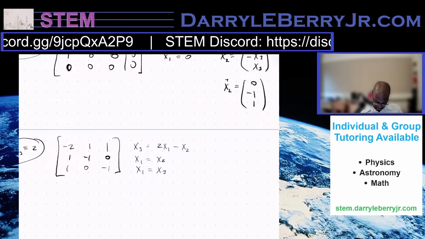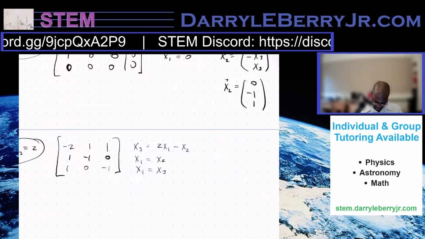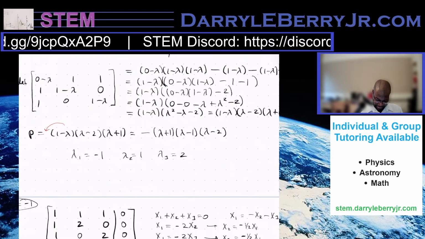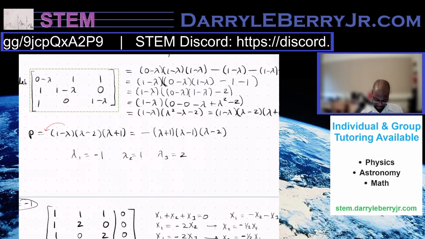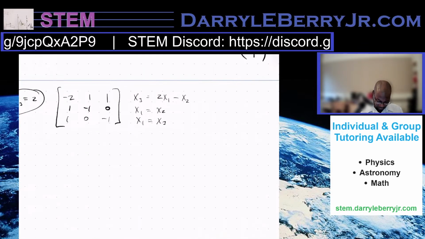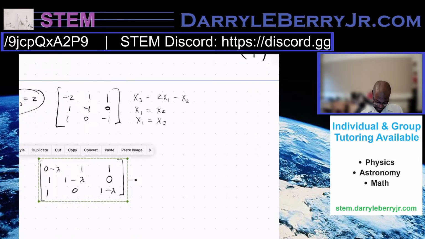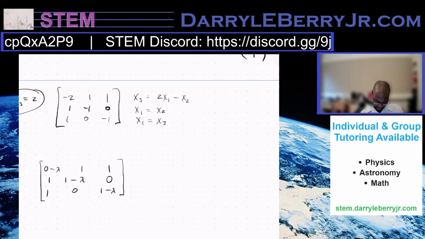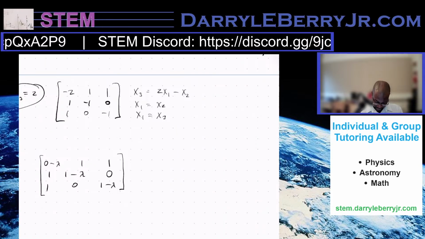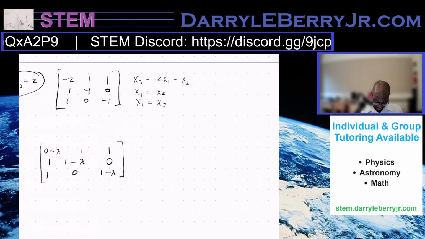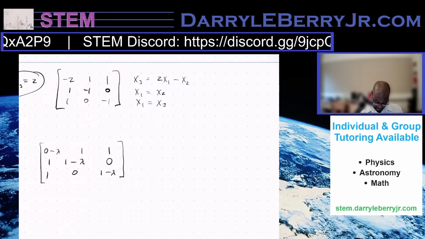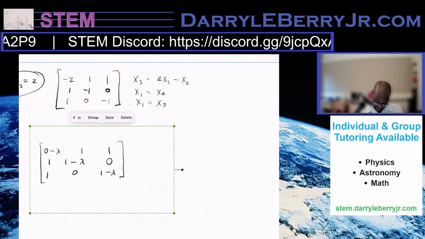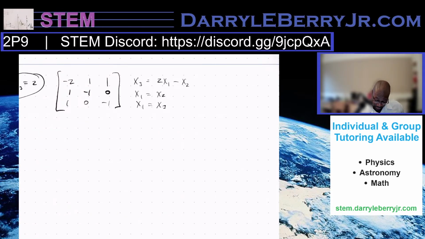So maybe I did something on my matrix again. Let's see. I'll copy it down this time. So 0 minus 2 is negative 2, 1, 1. 1 minus 2 is negative 1, 1, negative 1, 0. And 1 minus 2 is negative 1, 1, 0, negative 1. That seems correct. I just picked a bad way to try to solve this system.